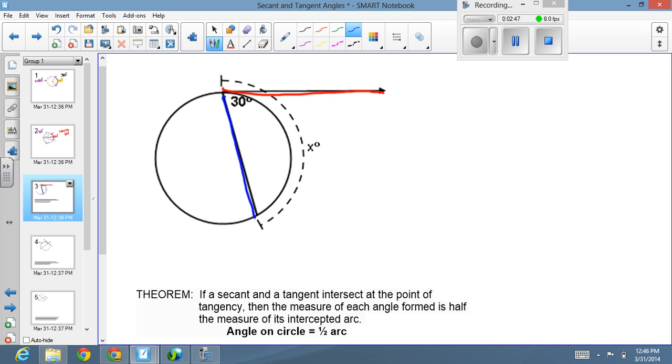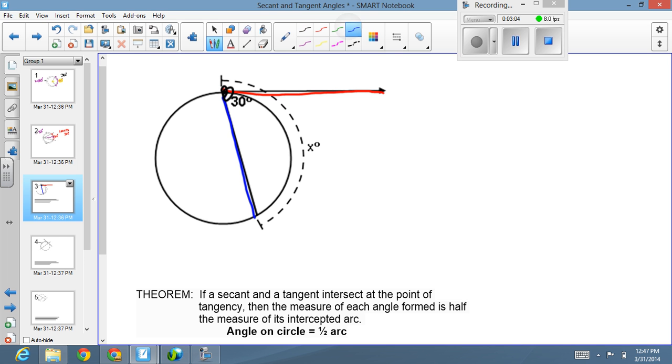If you have a secant and a tangent intersecting together at the point of tangency, which would be right out here, then the measure of each angle formed is half of the measure of its intercepted arc.